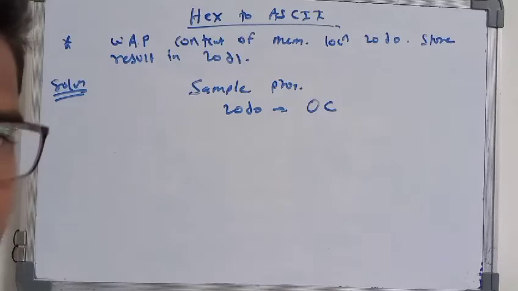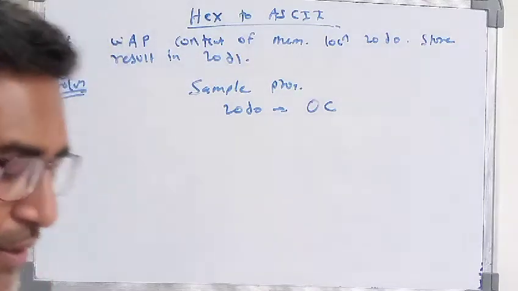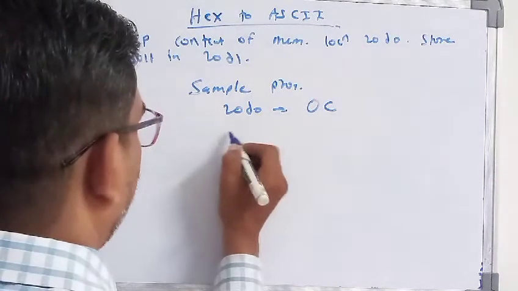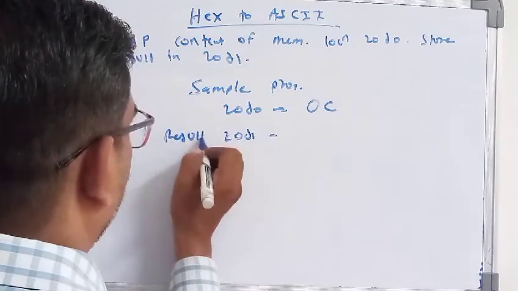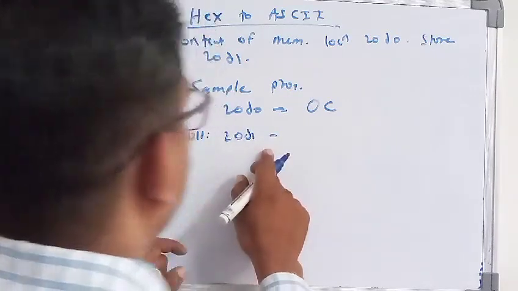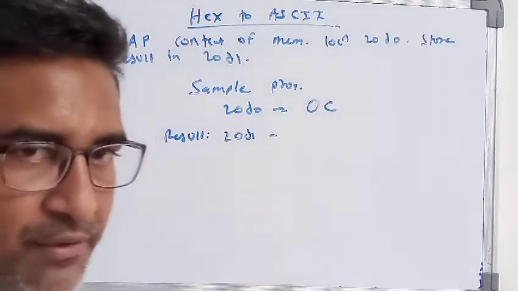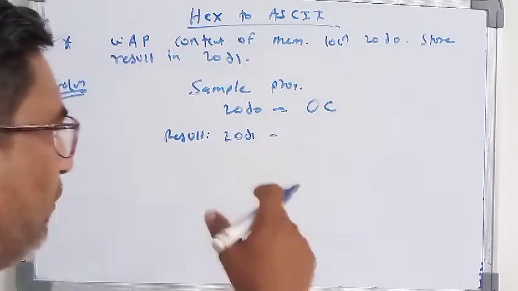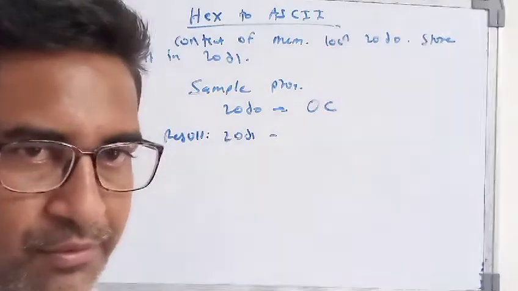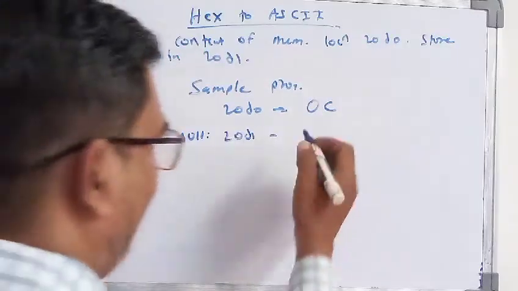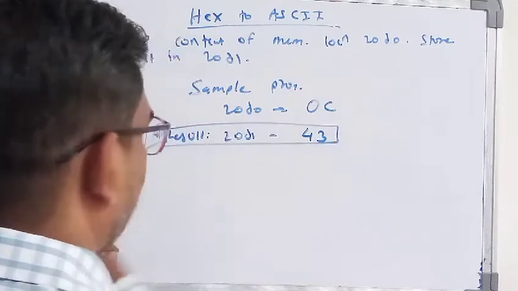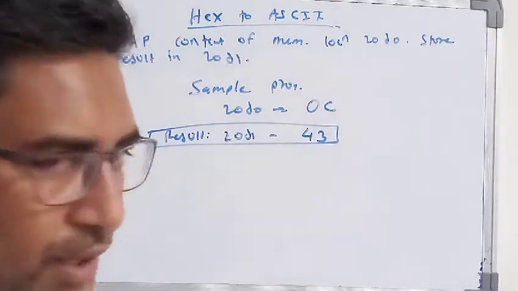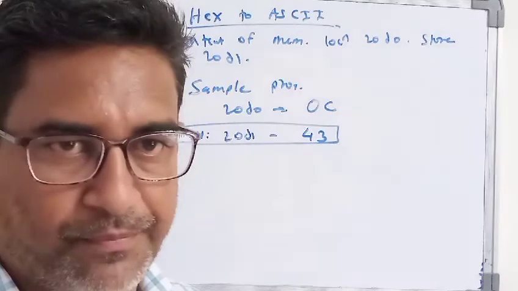After conversion, you will get the result, and that result is stored in 20D1. As we know, from the table we have to take the value. That value will be 43. So this is the result. This result we have to form in the program.